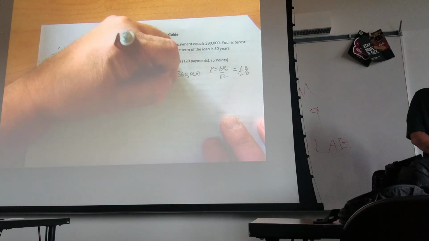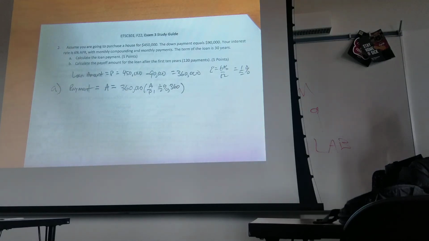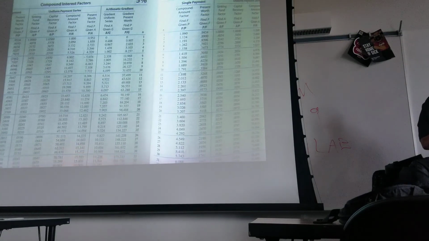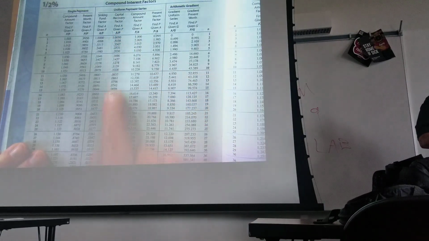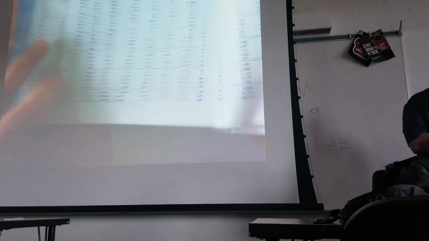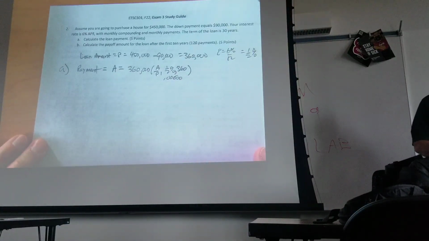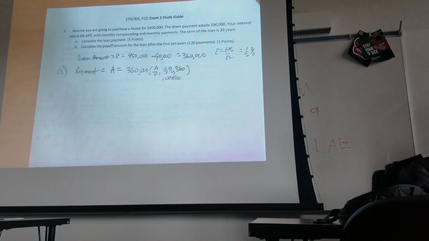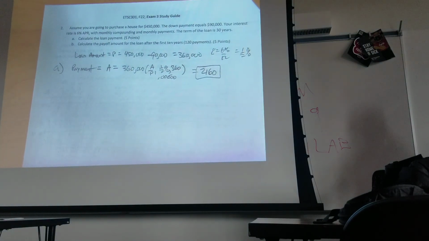Okay, so 0.5% for 360 periods. A over P all the way down to 360 is 0.00600. It's 2160. Questions about part A?